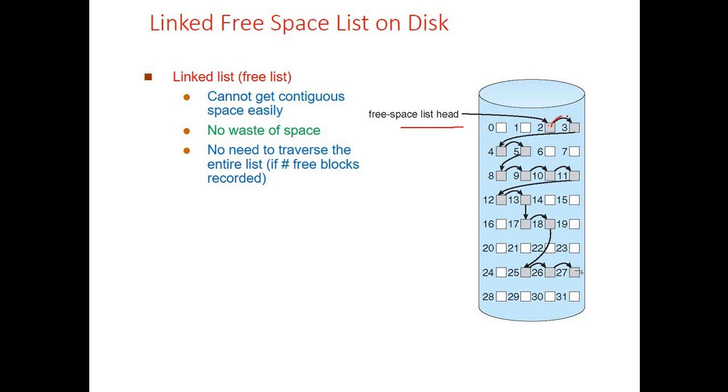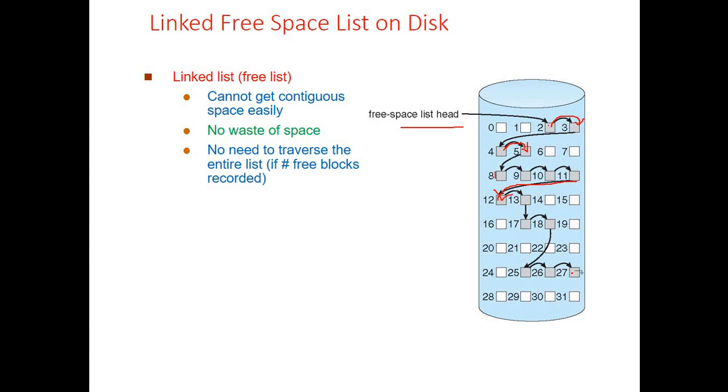This block in turn holds the address of the next block. This block will hold the address of the next free block. Like that, wherever the blocks are free, it is going to hold the address of the next free block in the entire disk.